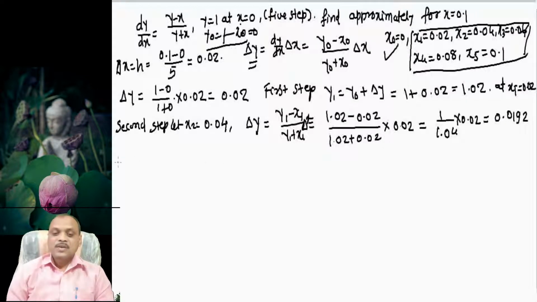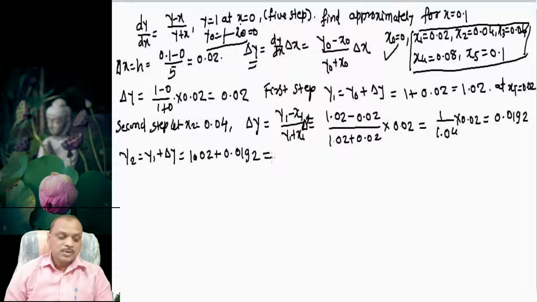Now y2 equals y1 plus delta y, which is 1.02 plus 0.0192, and y2 will be 1.0392. This is our second step.